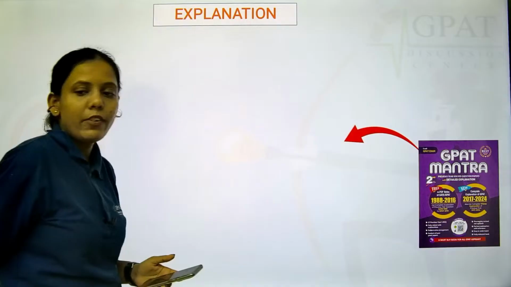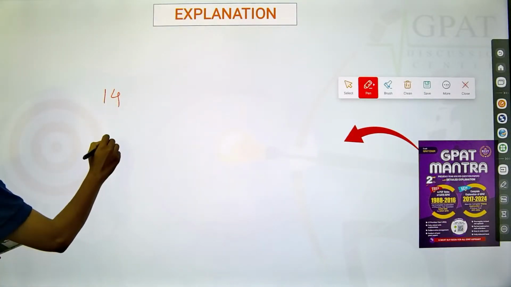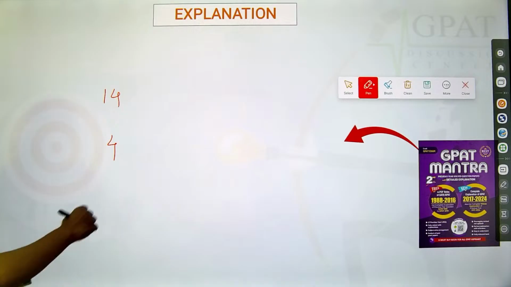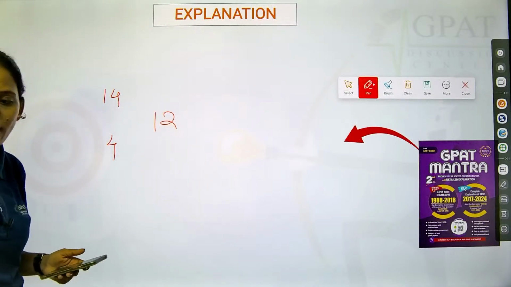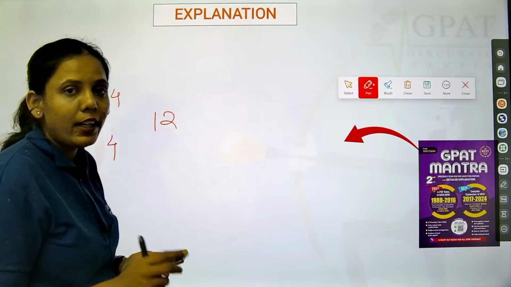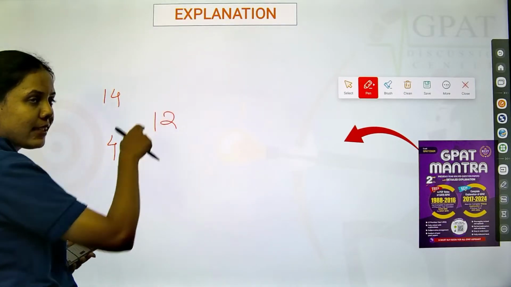What they have given is HLB values of 14 and 4, and the required HLB is 12. Write the higher value, write the lower value, and write the required value in the center.